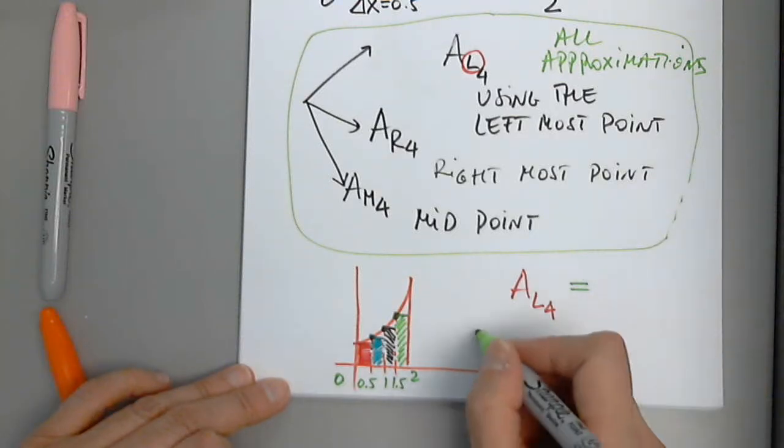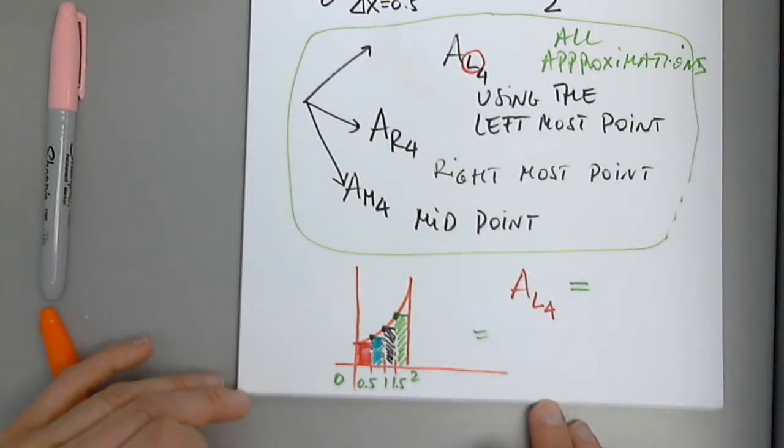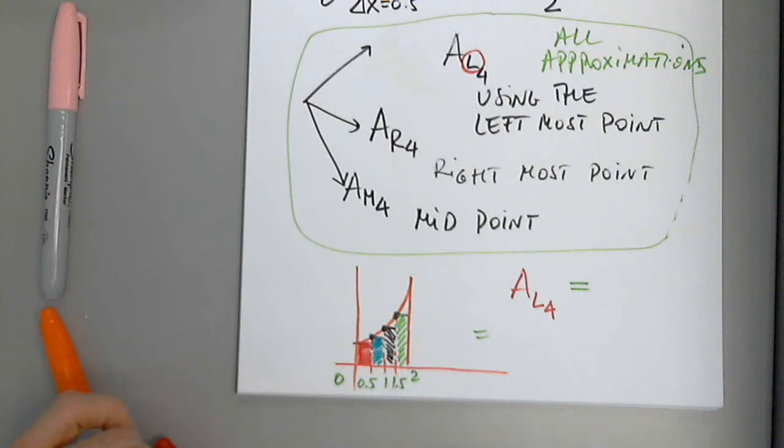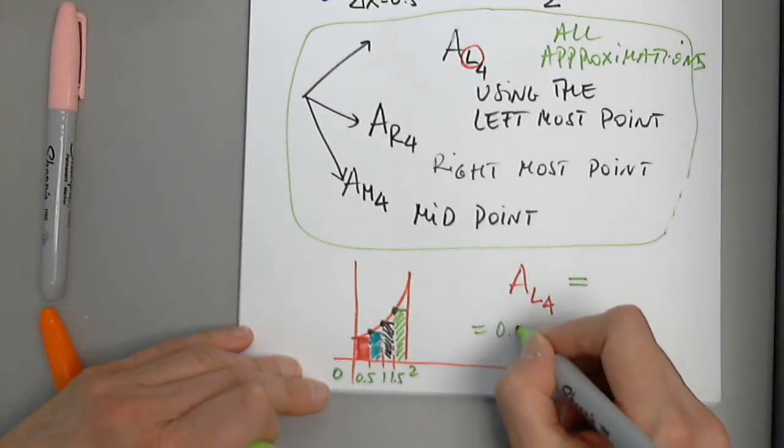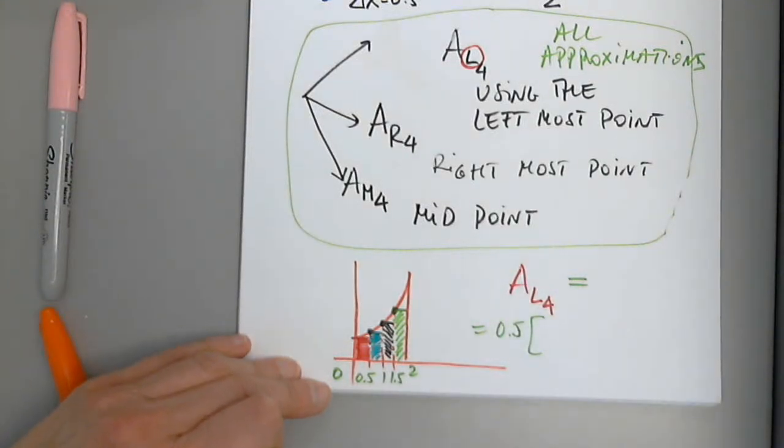So the area using the leftmost point and 4 subintervals will be base times height plus base times height plus base times height plus base times height. Since the base is always the same, I'm going to put it in front, 0.5, and open a bracket.